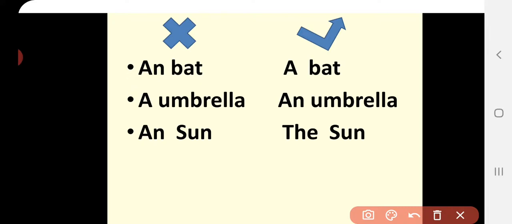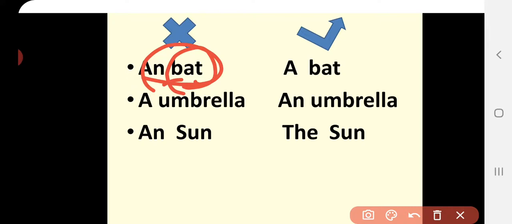In the first word, in the left column, an bat is not correct because bat is a noun and B gives a consonant sound. Before a consonant sound we should not use an.